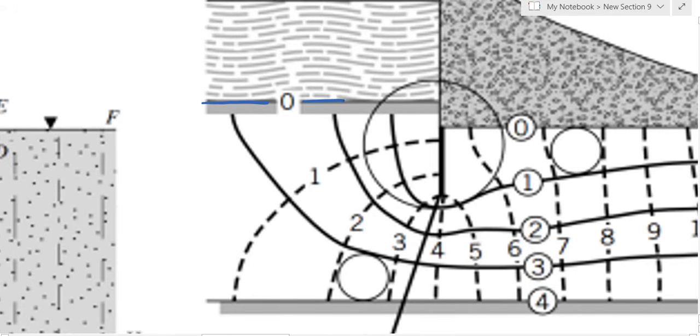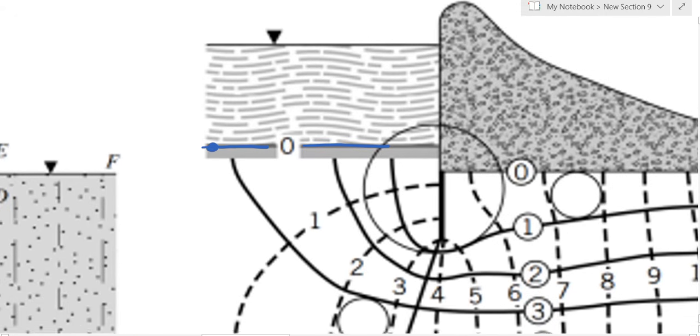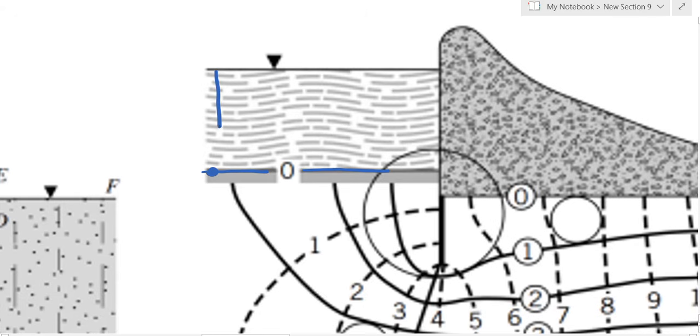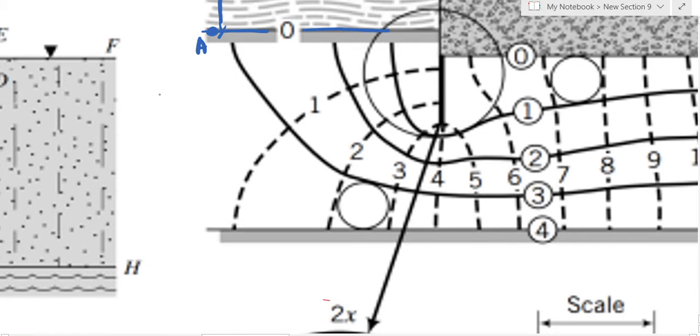So this is an equipotential line because at this point it's going to have a certain head, because there is water here. Let me call this point E. So at this point it's going to have a certain head, and any point on this line will have the same head.